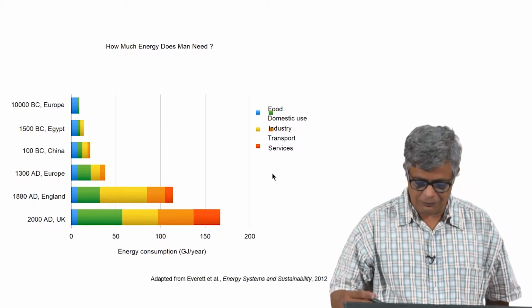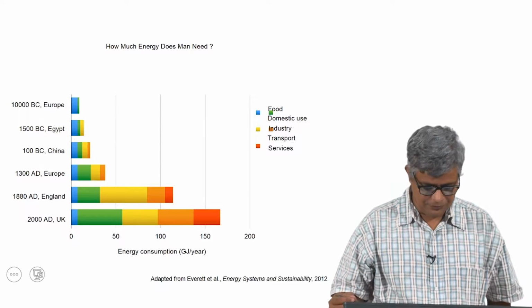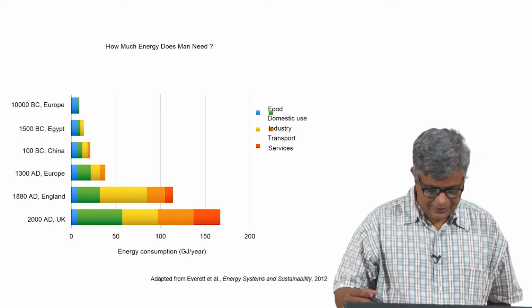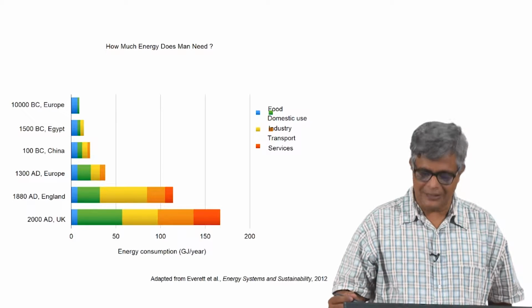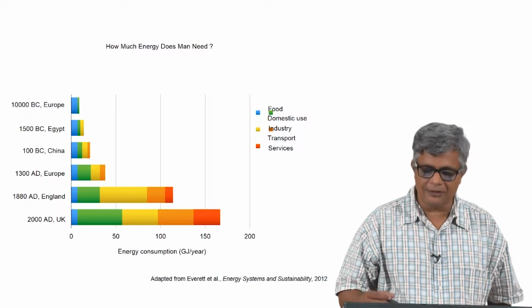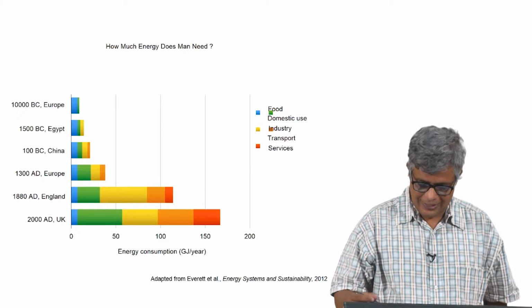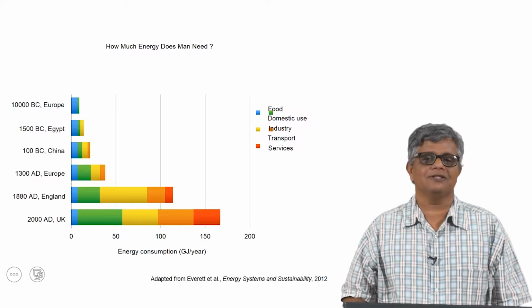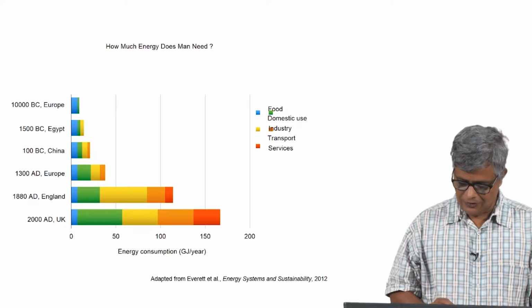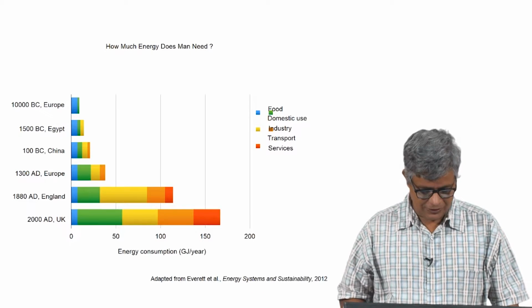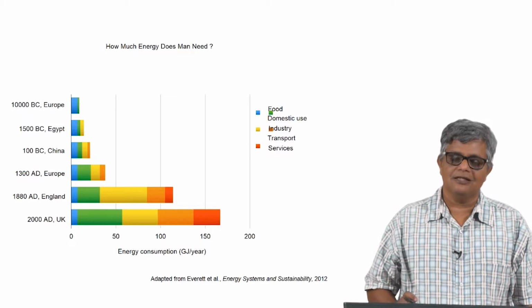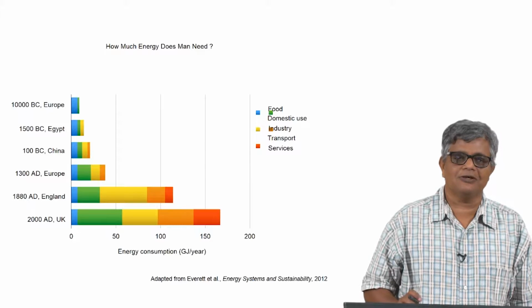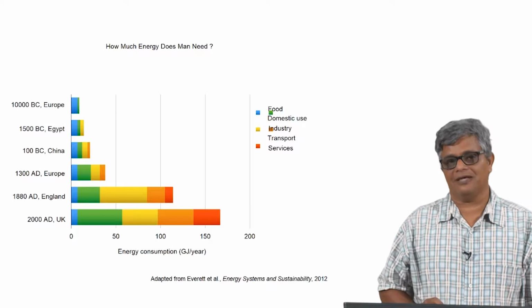For example, we have blue color representing food, the green color representing domestic use, the yellow color representing industry, orange color representing transport, and the red color indicating services. And on the x-axis here along the horizontal line, we have the amount of energy that is going into each of these different uses of energy over a period of time.